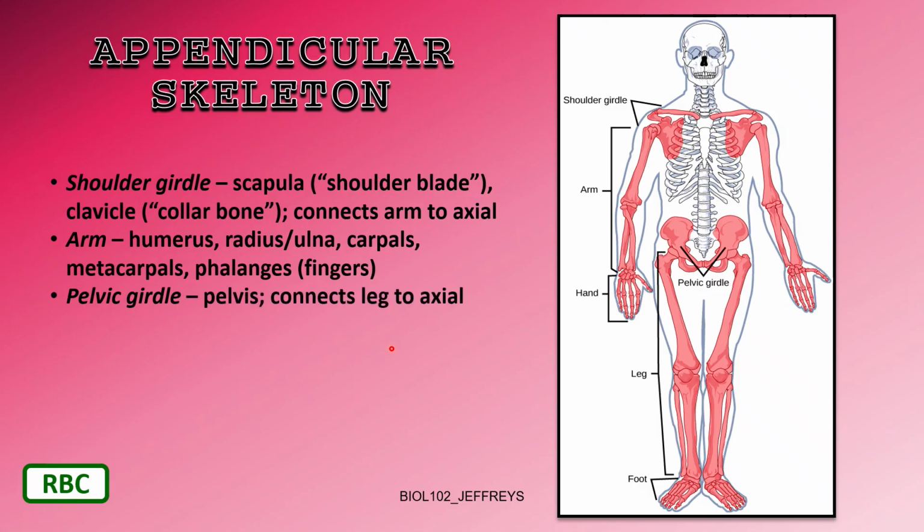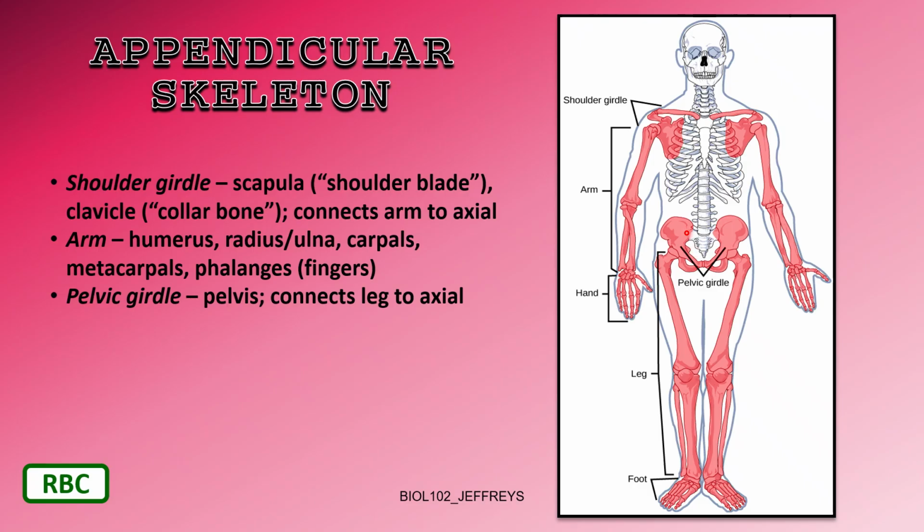Now the pelvic girdle down here, oh, by the way, the shoulder girdle, or the pectoral girdle, is the structure that connects your arm to your axial skeleton. The pelvic girdle does the same thing for your leg. It connects the leg to the axial skeleton.